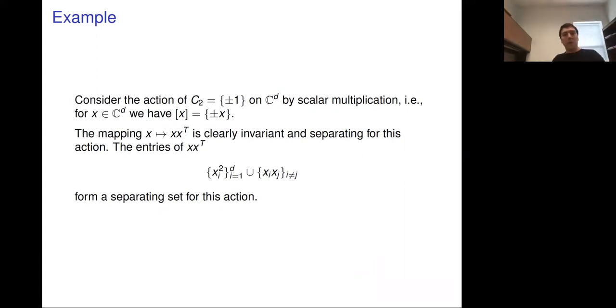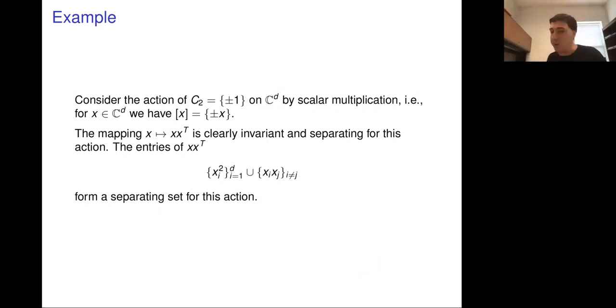If you look at the entries of x x transpose along the diagonal, you get the entries of x squared. So each x_i in x gets squared, and on the off diagonals you have the product of two distinct entries. Technically I could say i less than j, because x_i x_j is the same as x_j x_i.